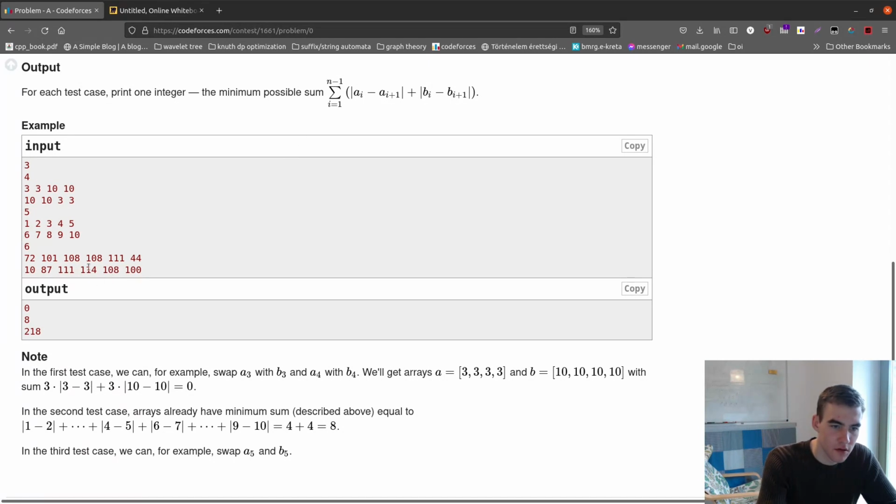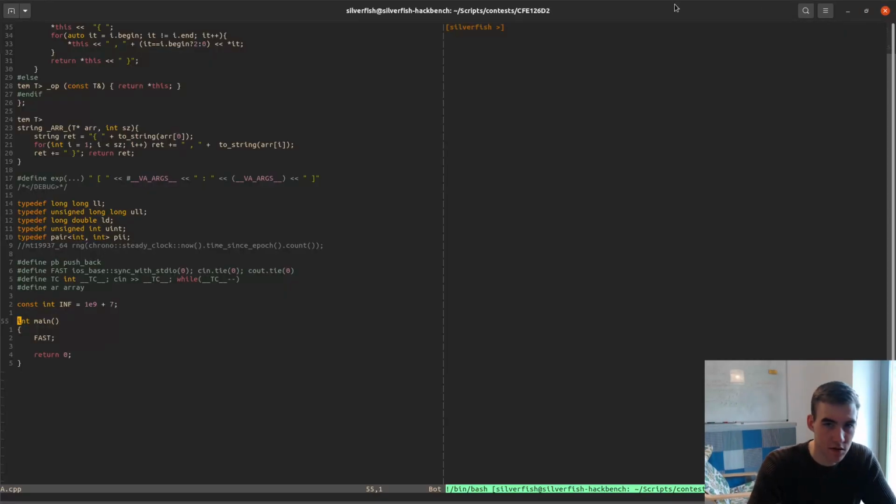Yeah, for each pair I just calculate whether it's this plus this or the other way around. Wait, it's that. I think I'm overthinking this, but I can do it with a dp.